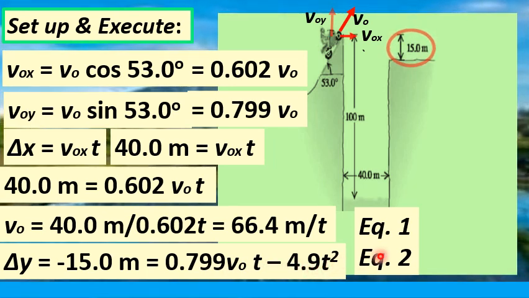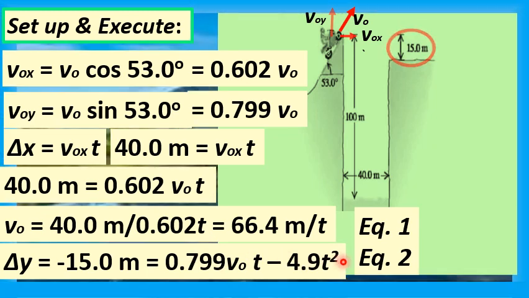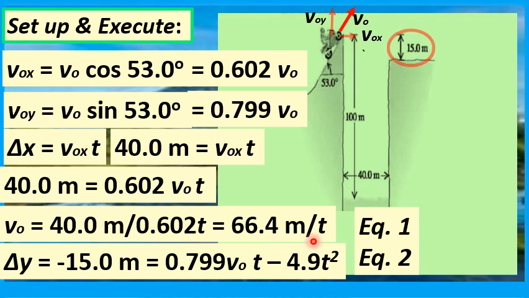So we label it here as our equation number 2. With two unknown variables and two independent equations, we will be able to determine each of these unknown variables coming up very soon.